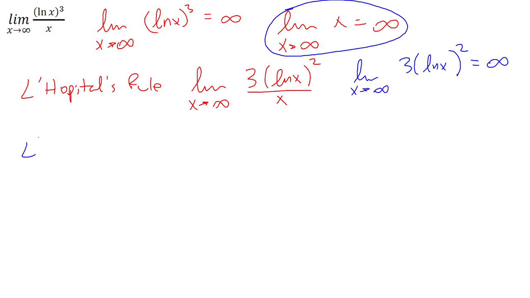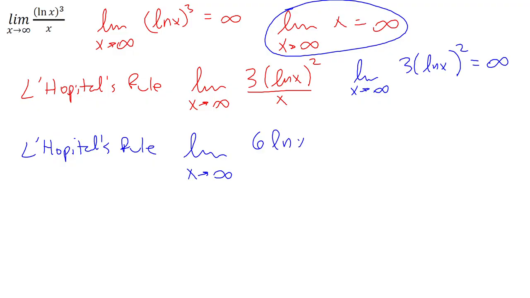So we can use L'Hopital's rule a second time, which is now going to give us a limit as x approaches infinity of the derivative of 3u squared, which ought to be 6u, so 6 ln x, times the derivative of the ln x, which is 1 over x. And then we will do the derivative of the x, which is just 1, which again is not necessary. So we'll get rid of that.